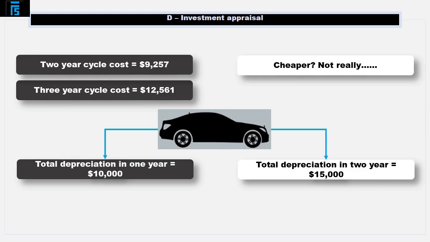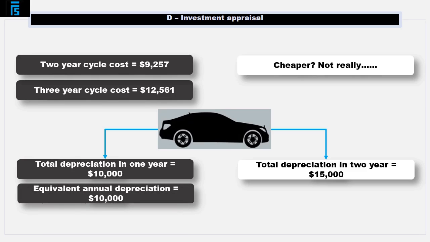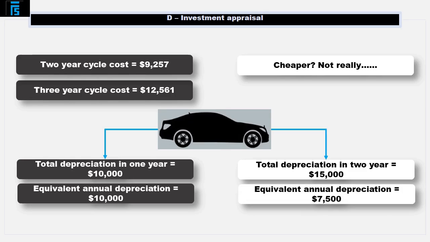It's a good way to talk yourself into getting a new car, but it's not correct because we aren't comparing like with like. It'll be more reasonable to say if I replace my car every year, I suffer $10,000 depreciation every year, but if I replace my car every 2 years, I suffer the equivalent of $15,000 divided by 2 equals $7,500 depreciation a year.